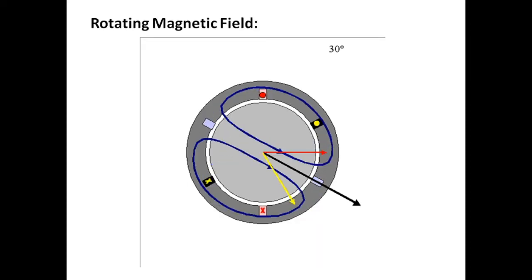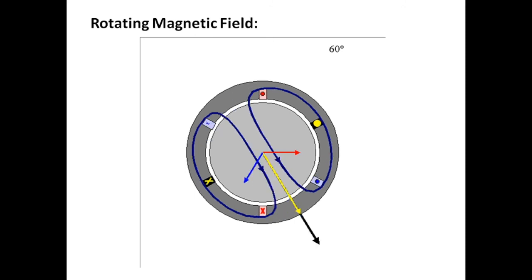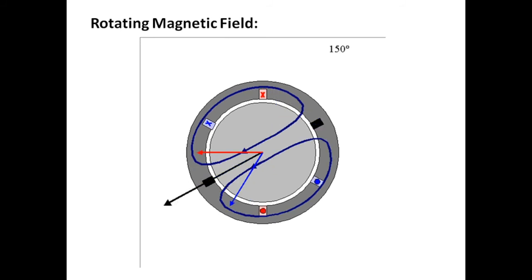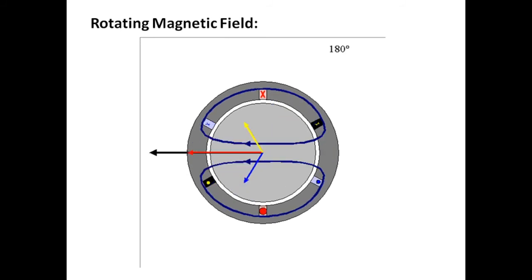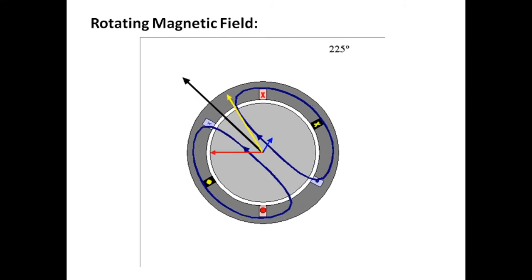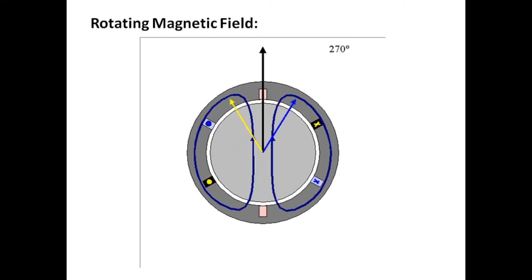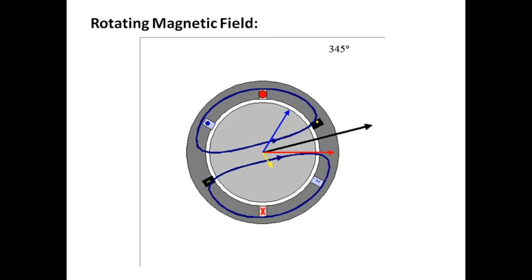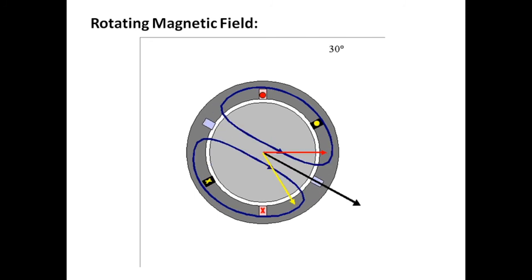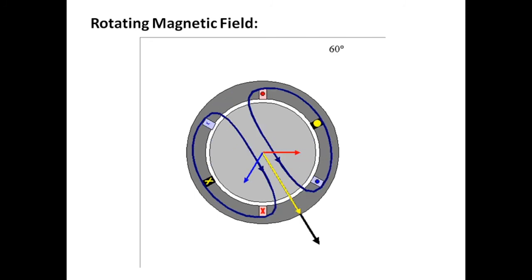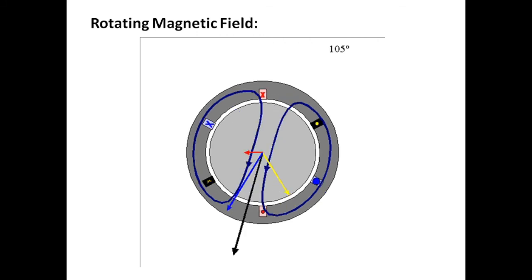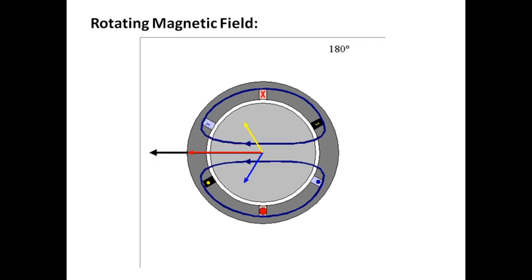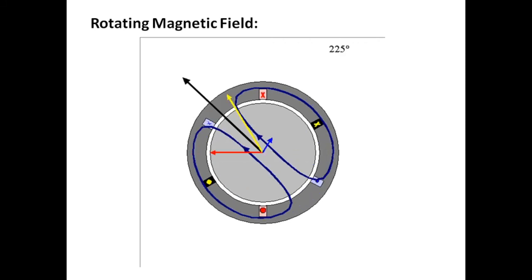You can observe the animation of the rotating magnetic field, and we can change the speed. The synchronous speed rotates the magnetic field. You can observe the zero angle, and every 15 degrees we change it: 0, 15, 30, 45 degrees, and so on.